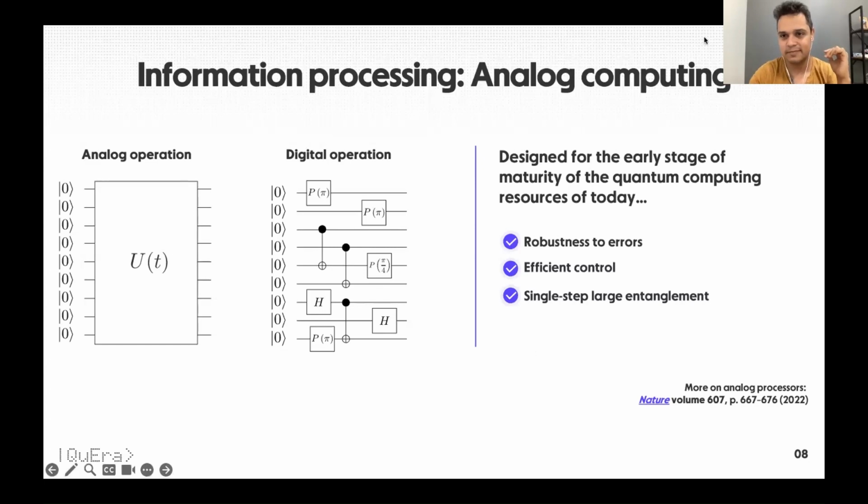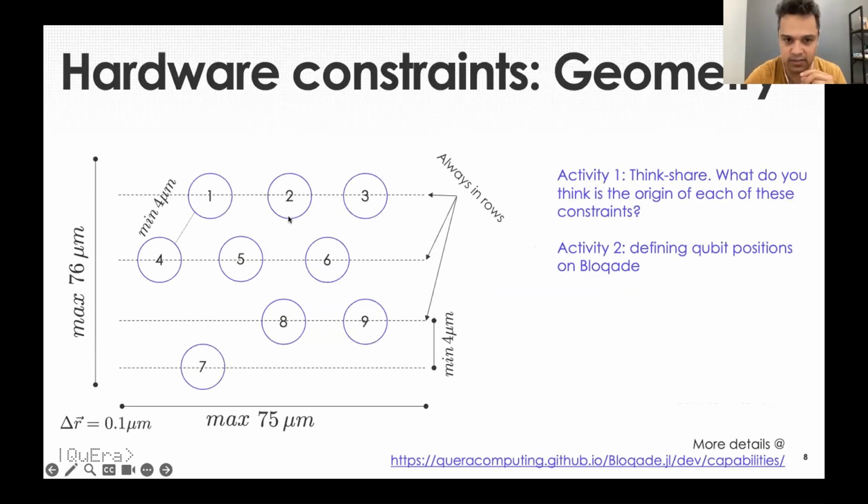Just a quick question, one just popped up. Given the constraints on the geometry, can you still have an all-to-all interaction between the given atoms? We don't. So we don't. This is going to be the topic of the next part of the conversation. But what you see is that the interactions are local, and they are defined geometrically, right?